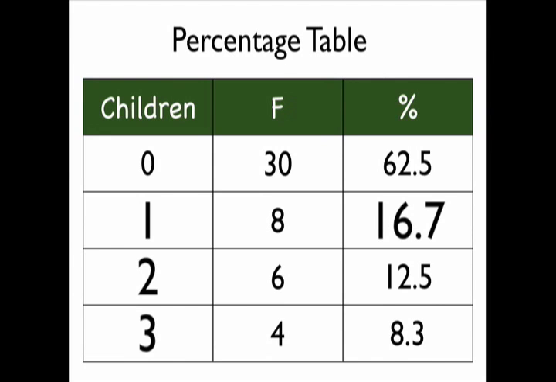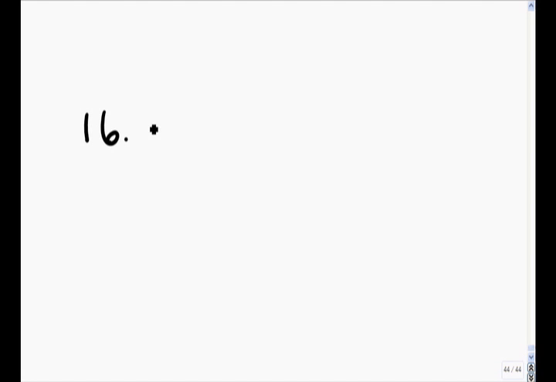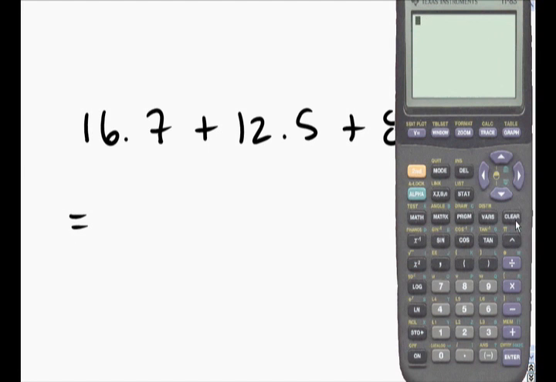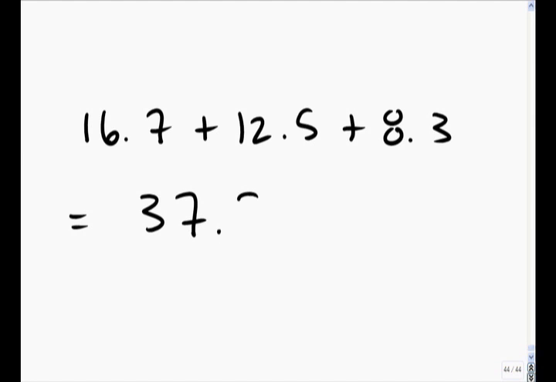The 16.7 added to the 12.5 added to 8.3 will be our answer. 16.7 plus 12.5 plus 8.3 is 37.5. 37.5% of the class has between 1 and 3 children.